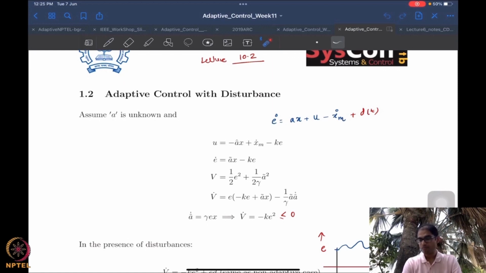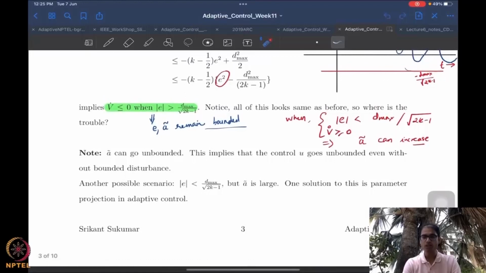Not in general, but in every situation, because obviously there is no way that you have unbounded controls available at your disposal. All right. So one of the ways that we wanted to solve this was using projection of the parameter estimate. Yeah?